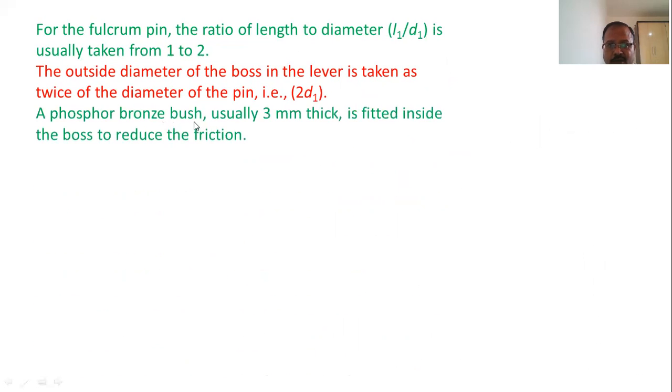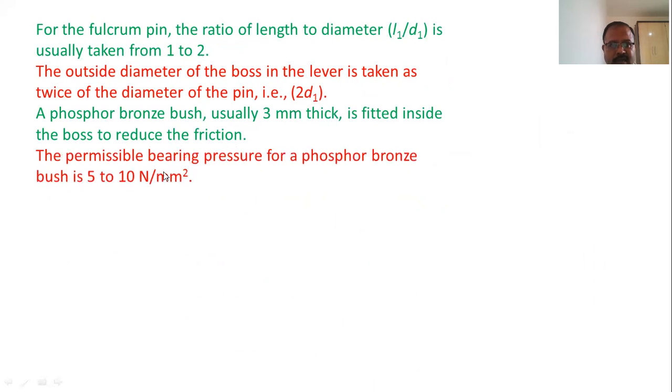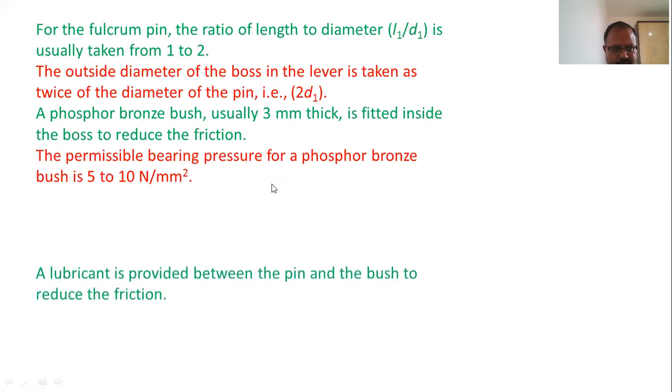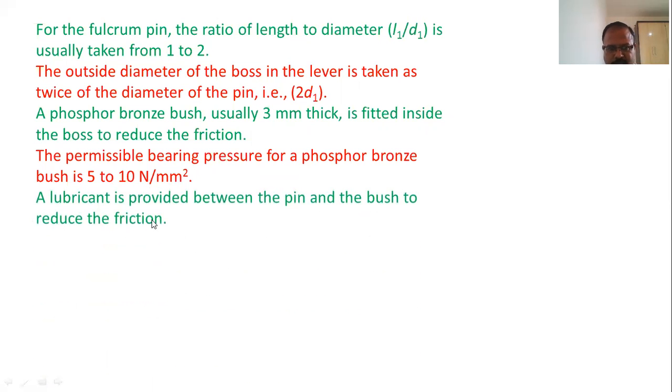The phosphor bronze bush, usually 3 mm thick, is fitted inside to reduce the friction. Then the permissible bearing pressure for a phosphor bronze bush is taken between 5 to 10 Newton per mm square, unless it is specified. And then a lubricant is also provided between the pin and the bush to reduce the friction. So using the relation, bearing pressure equal to force upon area, you can calculate D1 and L1.